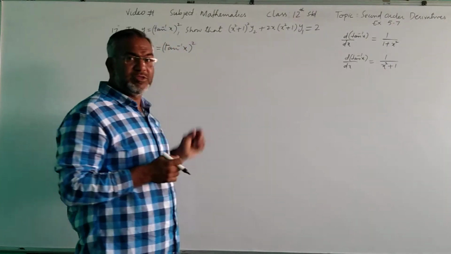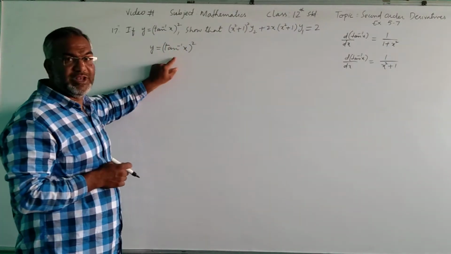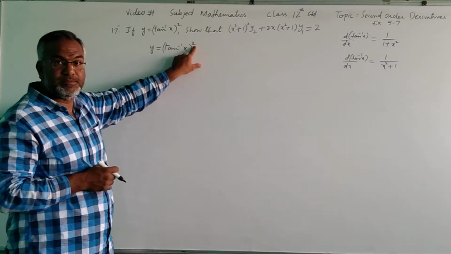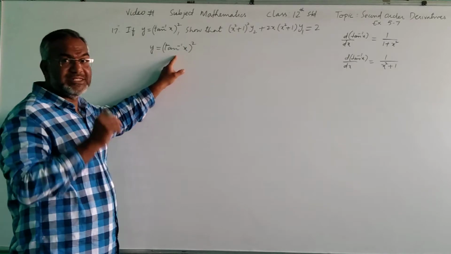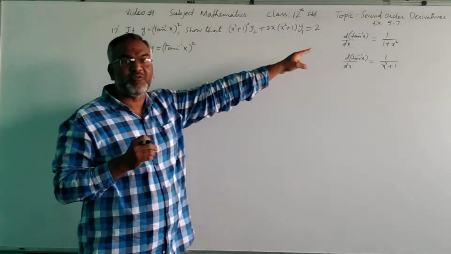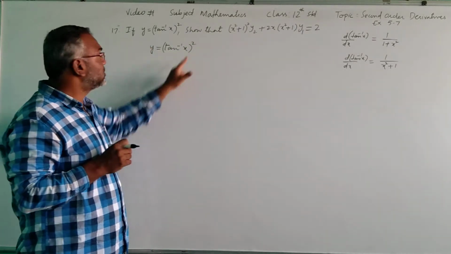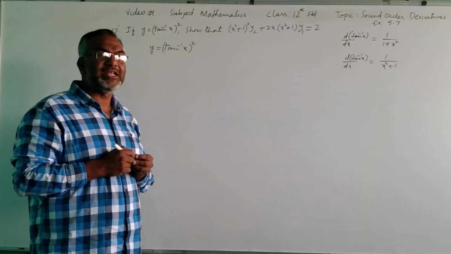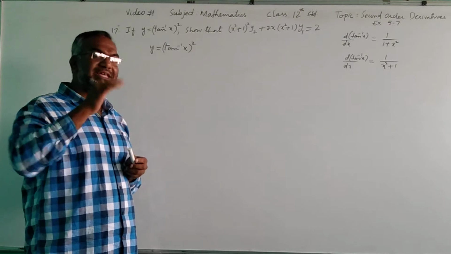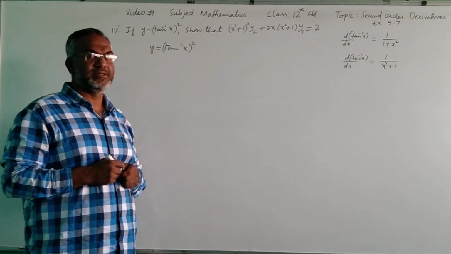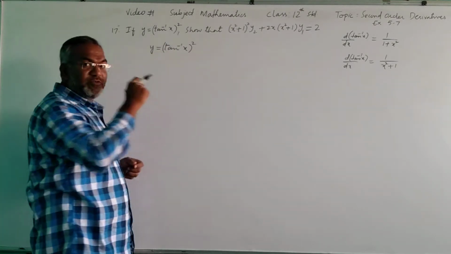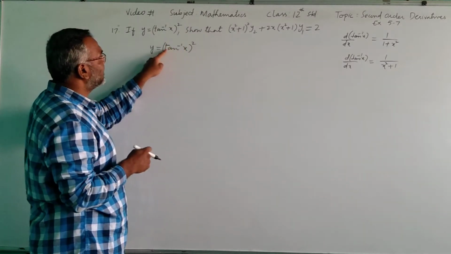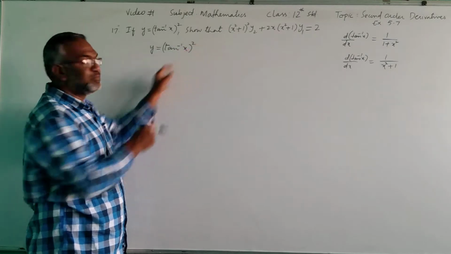Now, one more thing: if you observe carefully, this function tan inverse x has a power. So we cannot directly write the differentiation of tan inverse x here because the power is there. We have to first clear the power. So to clear the power, we have to find the derivative of the power also. We know that this is in the form of x raised to n.